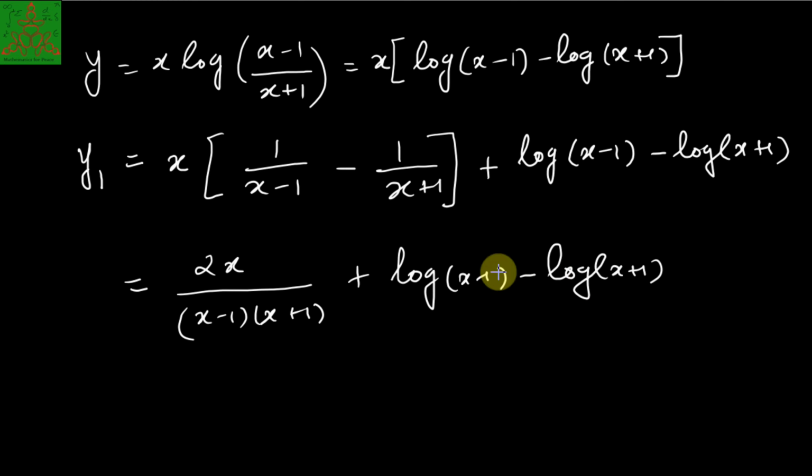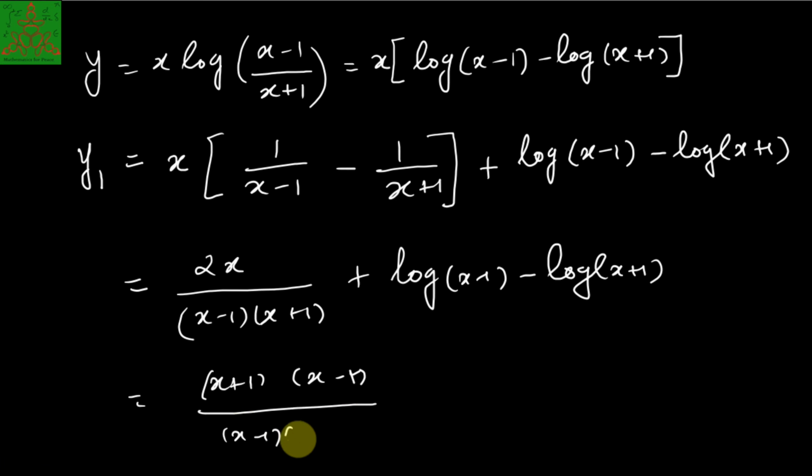Then you have to factorize or do the partial fraction of this one, which you can do by the method I told you: write down the numerator, whatever the factors are in the denominator, and then put the appropriate sign.